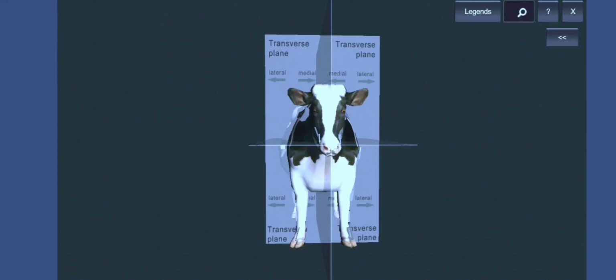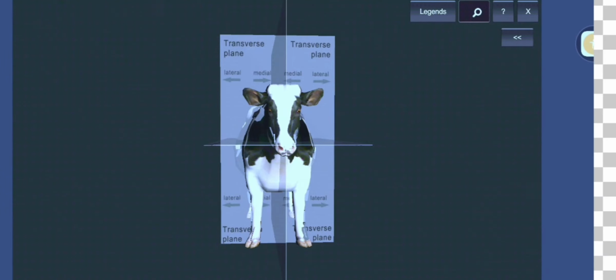Today we are going to discuss planes of veterinary anatomy. Why are planes important? Within anatomy, we have to describe the position where something is present.